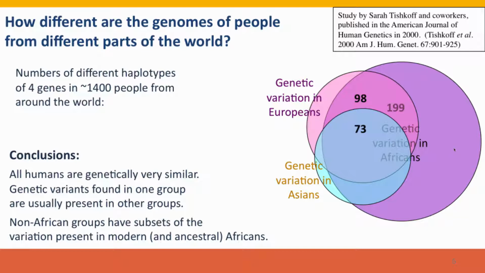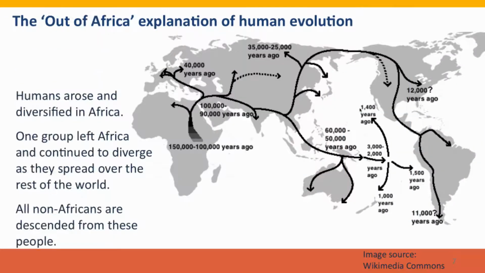And this suggested that Africans were the older and more diverse peoples, and that Europeans and Asians represented a subset of the genetic diversity in Africans. So this result was consistent with and strongly supported a view of human evolution called the out of Africa model.